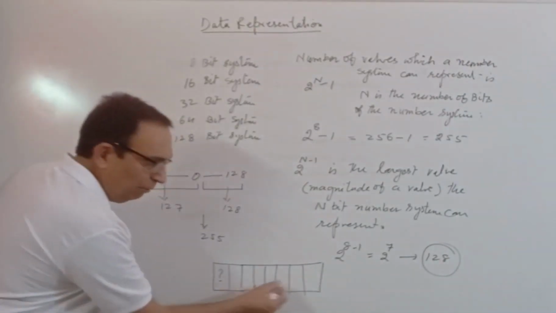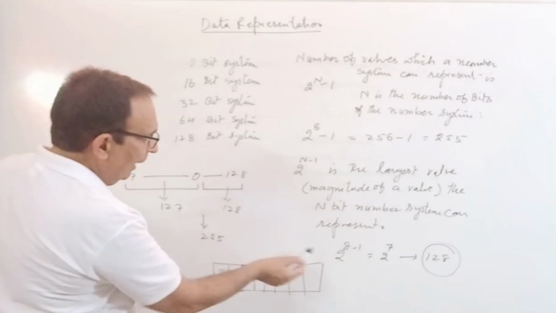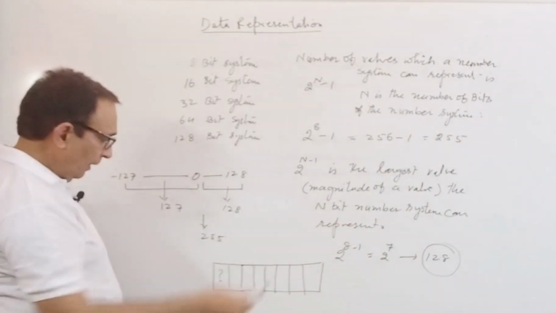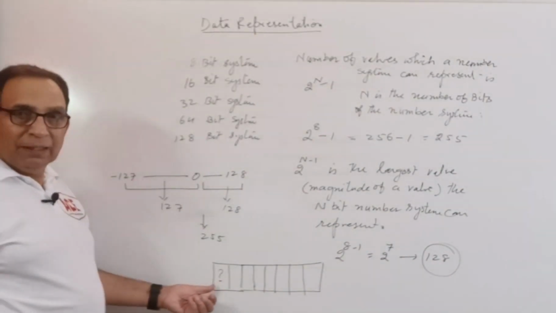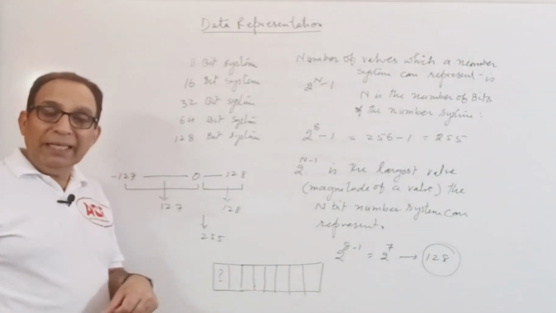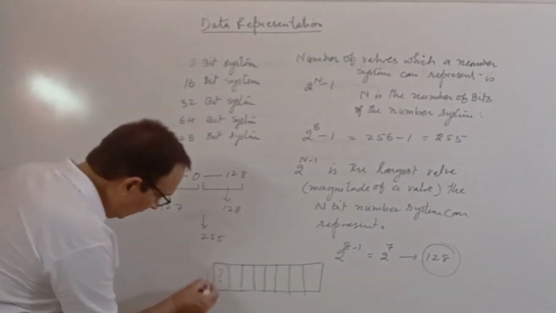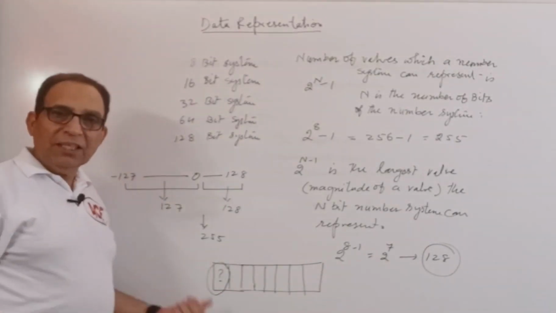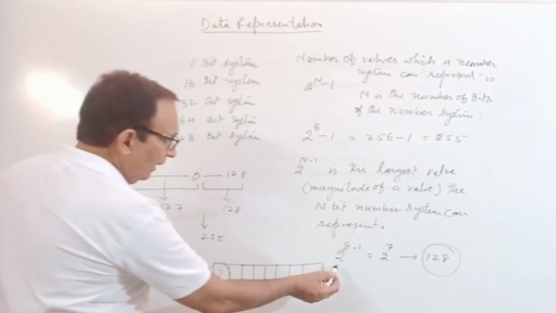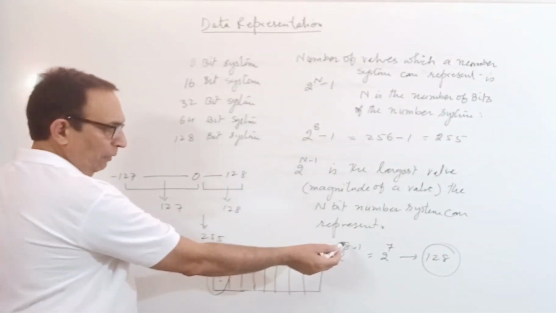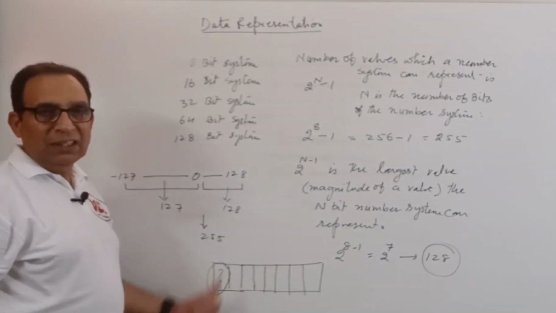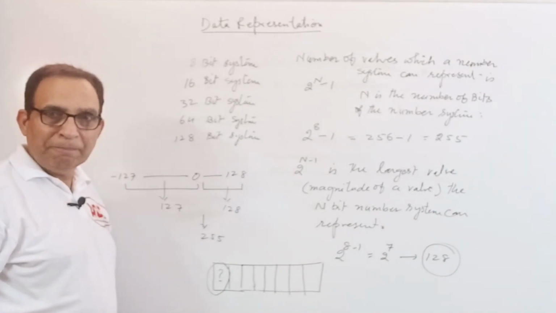All together there are 7 bits, and because of that I am writing 2 raised to the power 7, and the highest value represented is 128. So what is happening to this bit? So far we have learned only the positive numbers. What about the negative? This bit, which is the extreme left, is reserved for the sign, negative or positive. Because of that, in place of writing 2 raised to the power 8, we are writing 2 raised to the power 7 to get the highest value this number system can represent.